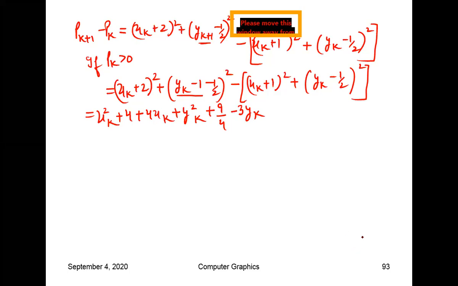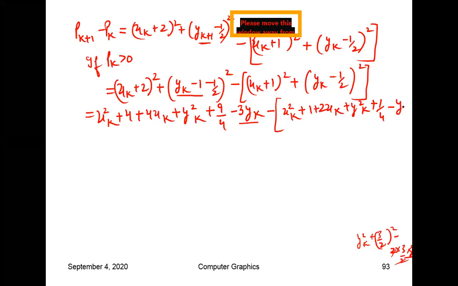When we solve yk minus 3 by 2 whole square, this will be y square k plus 3 by 2 whole square minus 2 into 3 by 2 into yk. So this will be minus 3yk. Okay. So when we solve this, this becomes x square k plus 1 plus 2xk plus y square k plus 1 by 4 minus yk.